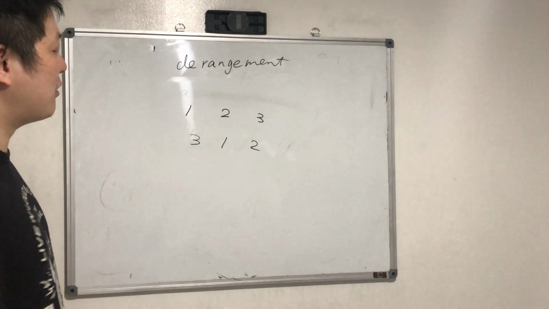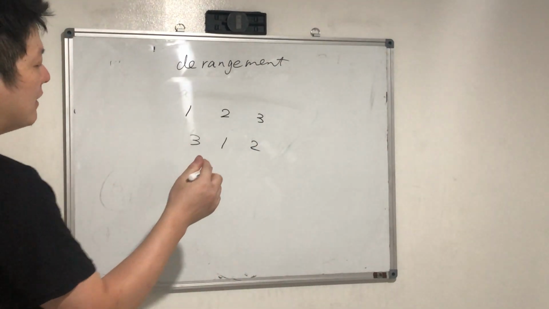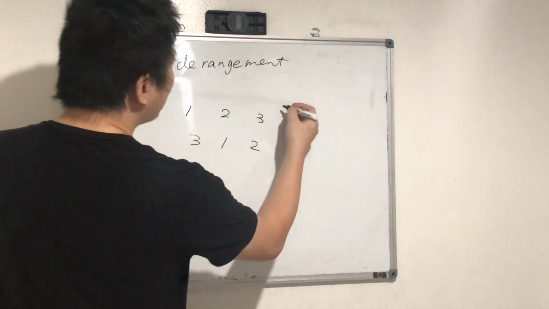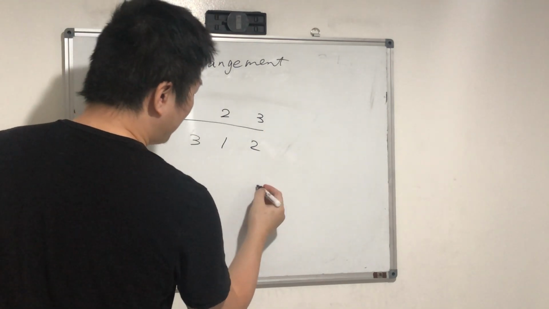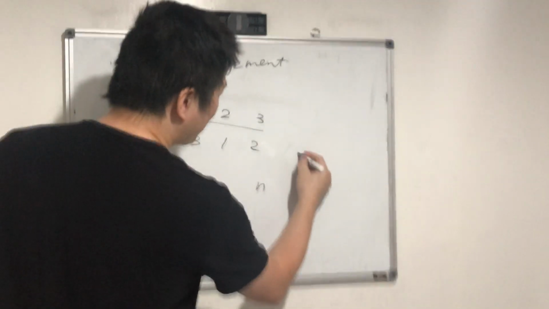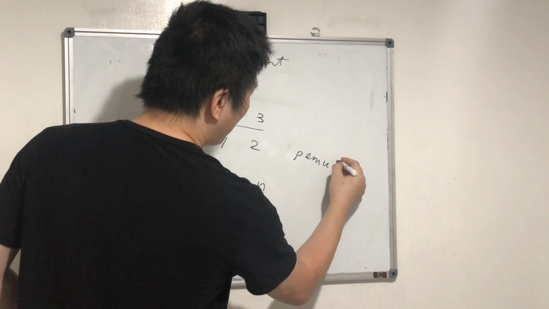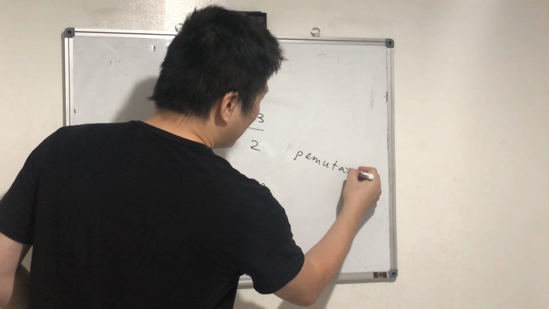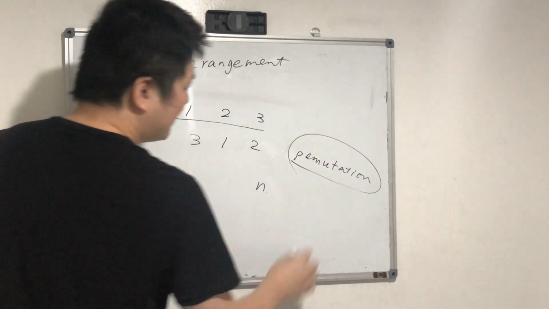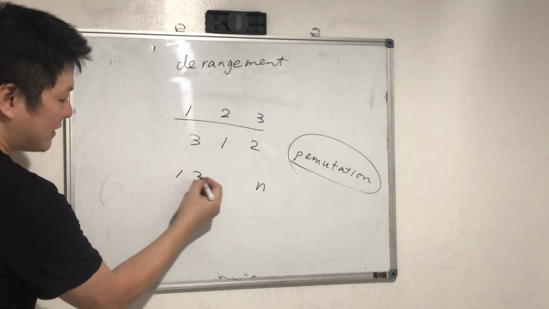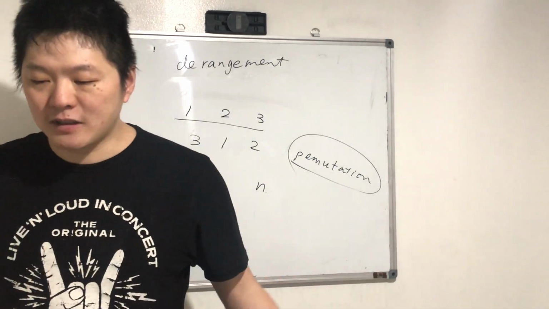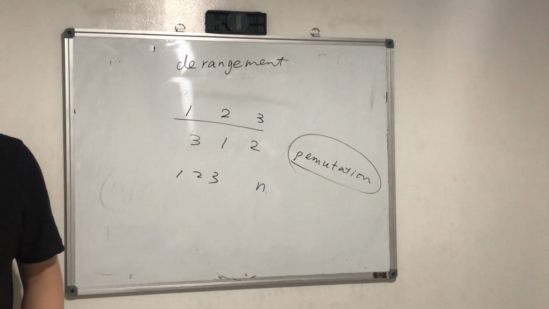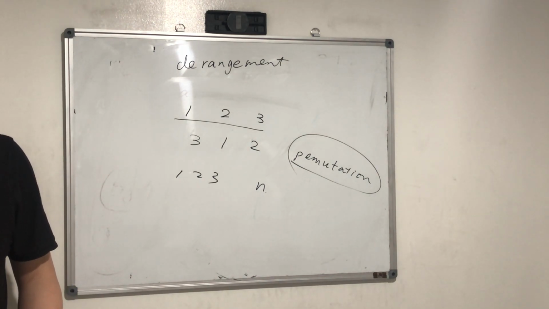So how many total solutions are there if there are n numbers? Remember we talked about permutation. If you're using 3 numbers, how many permutations can you get?